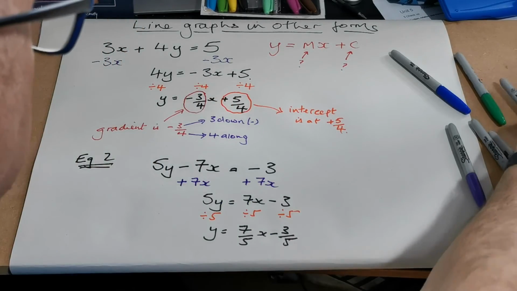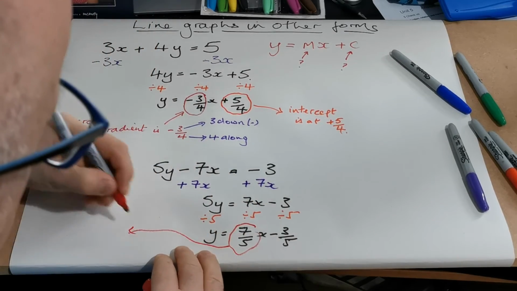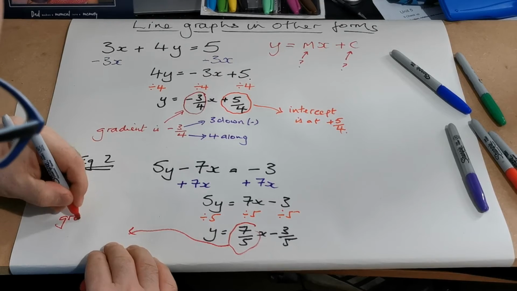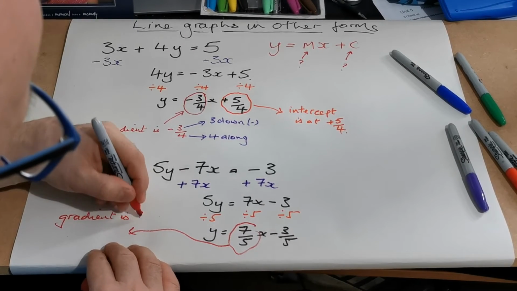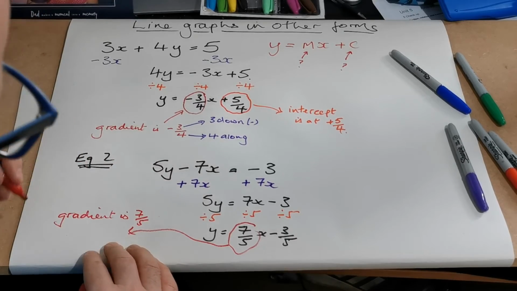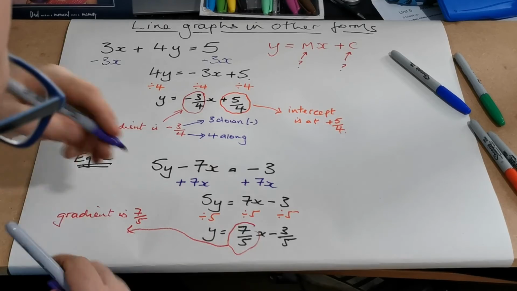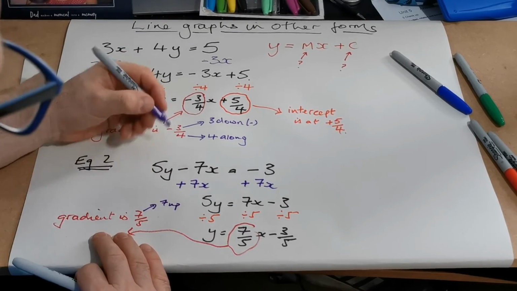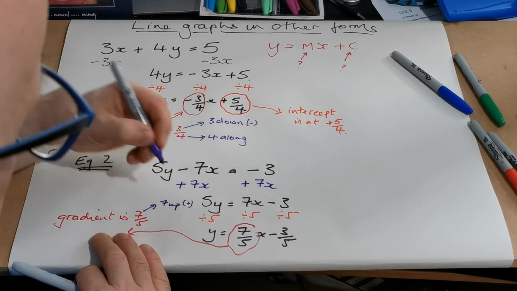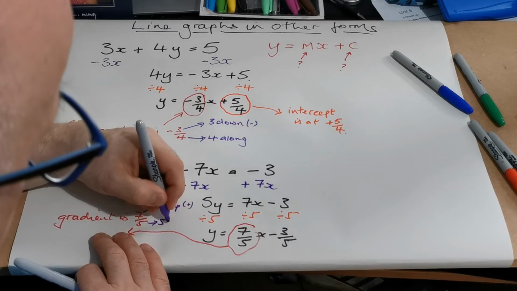So that means that the gradient is 7 over 5, and what that means is it goes 7 up because it's positive for every 5 along.